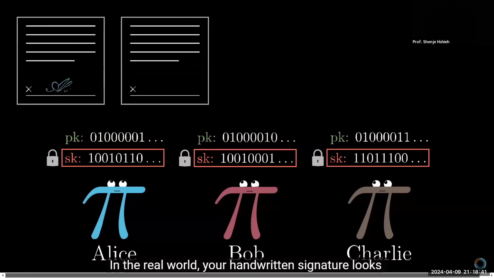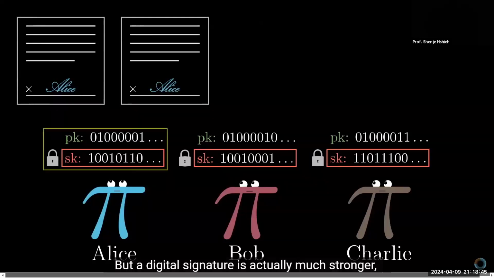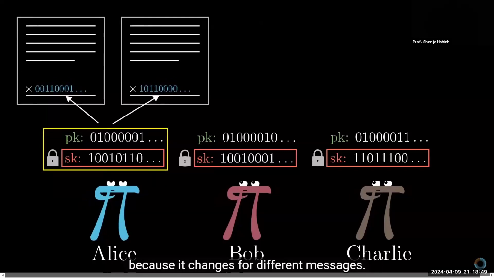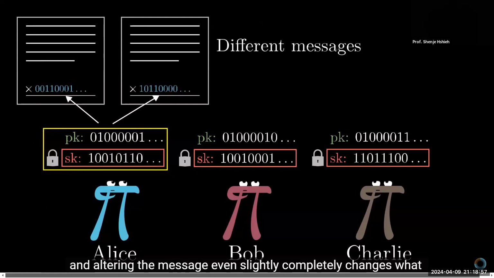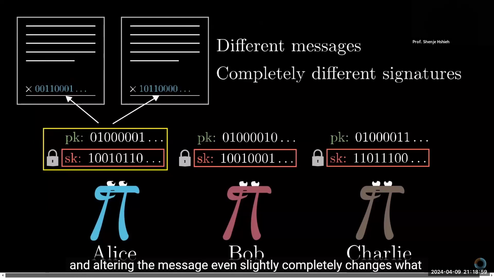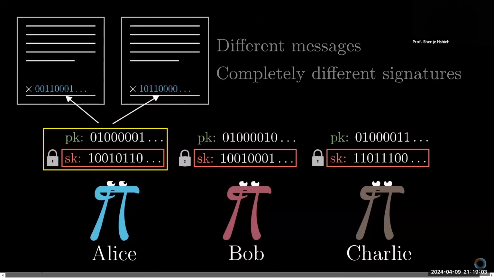In the real world, your handwritten signature looks the same no matter what document you send. But a digital signature is actually much stronger because it changes for different messages. It looks like some string of ones and zeros, commonly something like 256 bits. And altering the message even slightly completely changes what the signature on that message should look like.